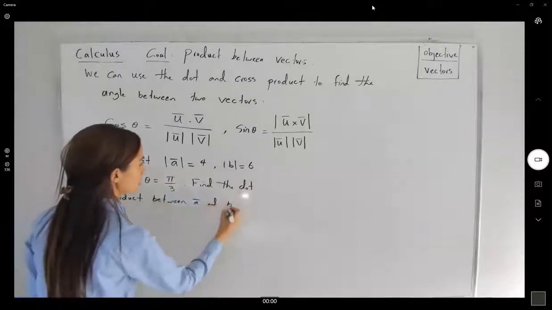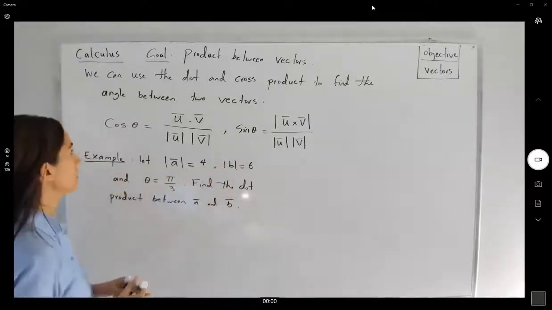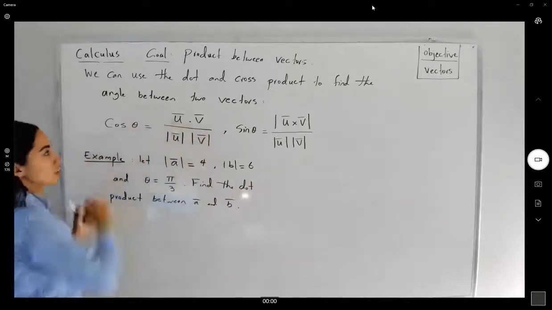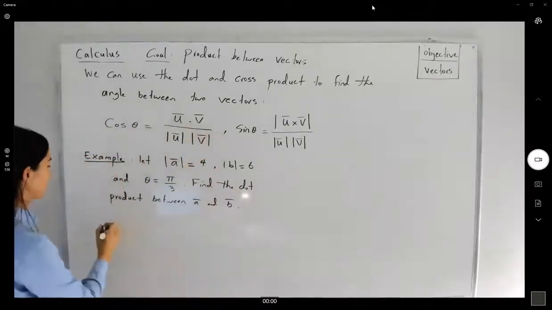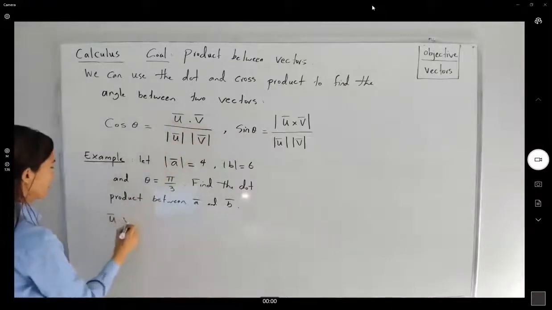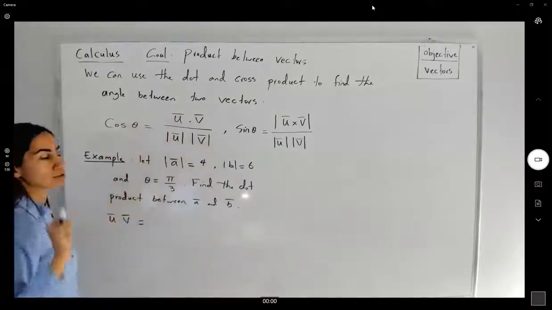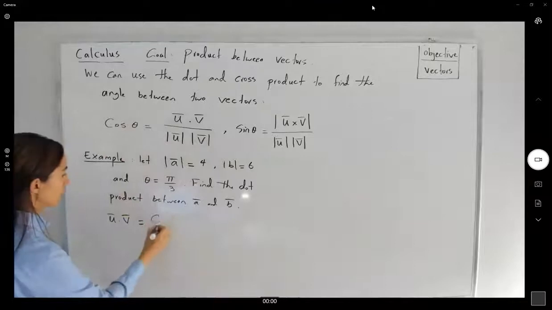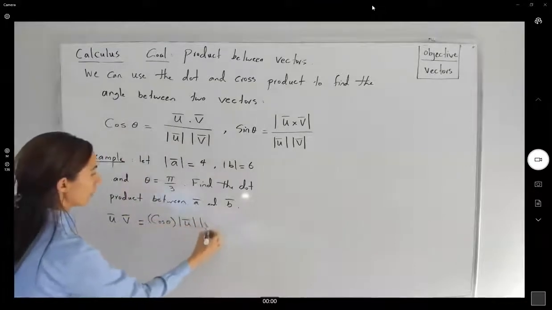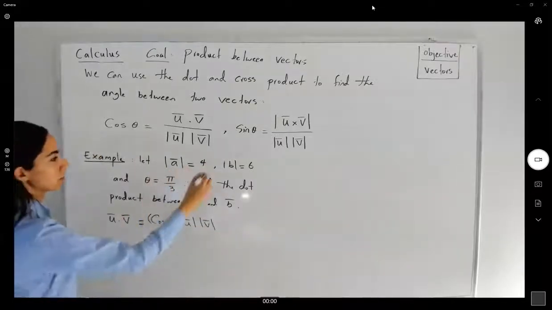Question says find the dot product between A and B. Okay, to find the dot product between A and B, it's better to use the first formula because it gives us the dot product. So we know that u dot v is equal to cosine of theta times the magnitude of u times the magnitude of v.